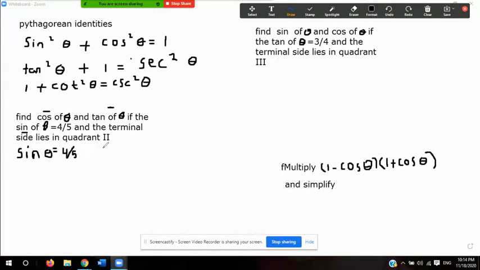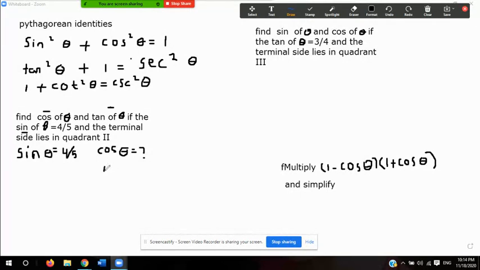I need to find the cosine of theta, because that's what I'm being asked to find, and I'm being asked to find the tangent of theta.